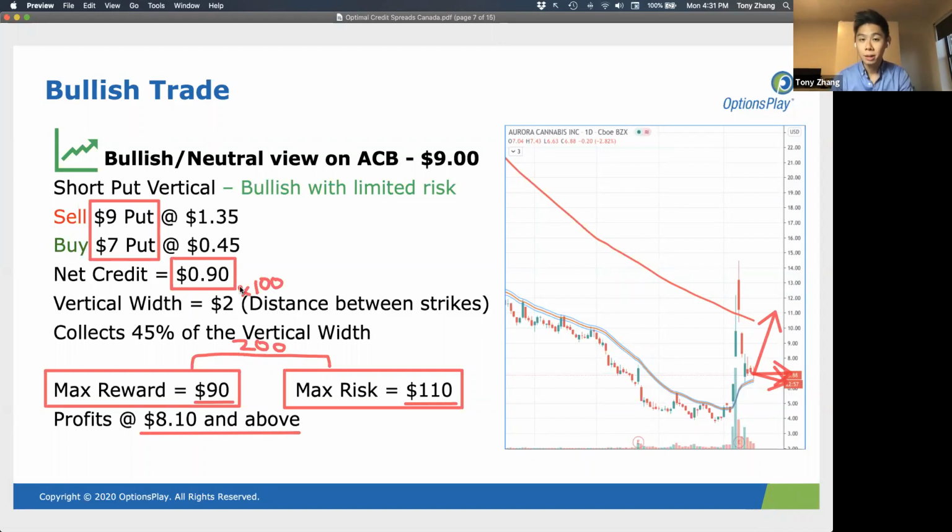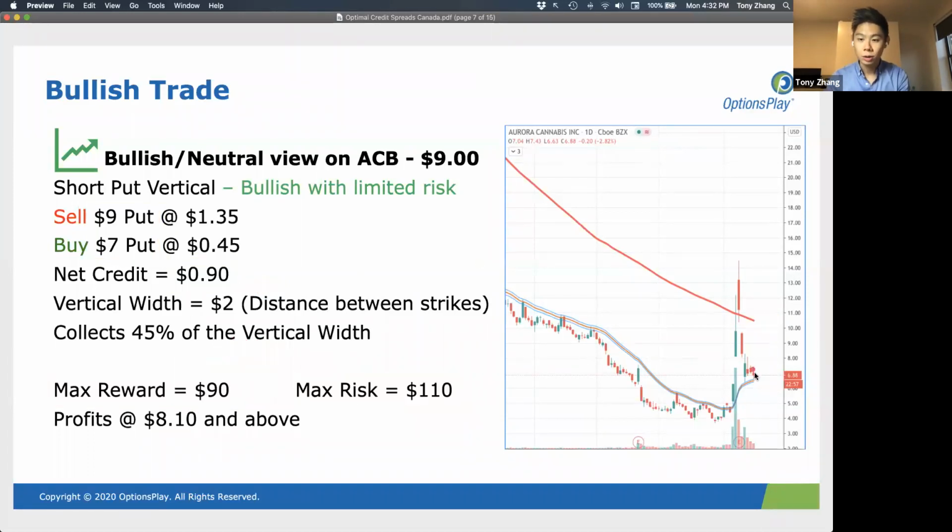There's no other strategy in the world where you can get the direction wrong by that amount and still be profitable, except for a trade like a put credit spread, or credit spread in general. That's why we say it's a very forgiving strategy: you can get the direction right, you can get the direction neutral, meaning the stock doesn't move either way, and you can still be profitable. Even if the stock moves a little bit against you, you can still be profitable.